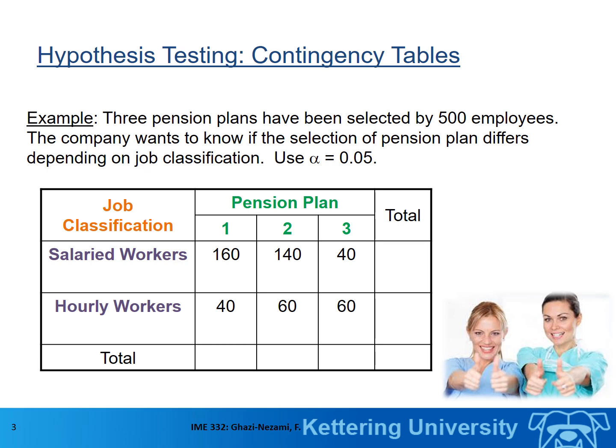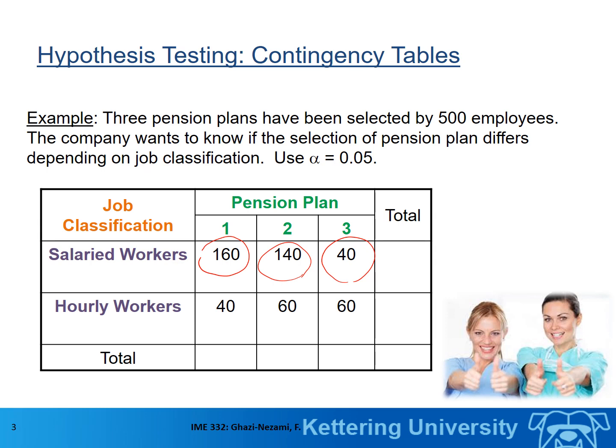As you can see in this table, 160 of people who are salaried have chosen pension plan 1, 140 of those have chosen pension plan 2, and 40 of these salaried workers have chosen pension plan 3. The same data have been collected for hourly workers.